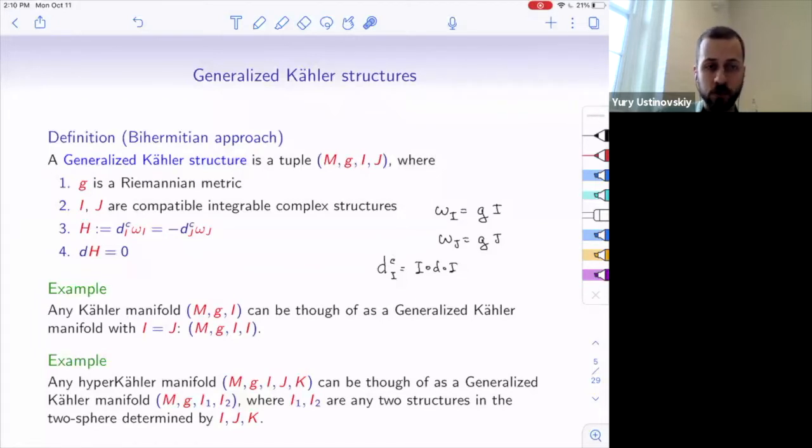So let's give several examples of these structures. Let's see how it works. We started with generalized Kähler structures as a generalization of Kähler structures, so obviously we should see Kähler structures through this Hermitian definition as well.